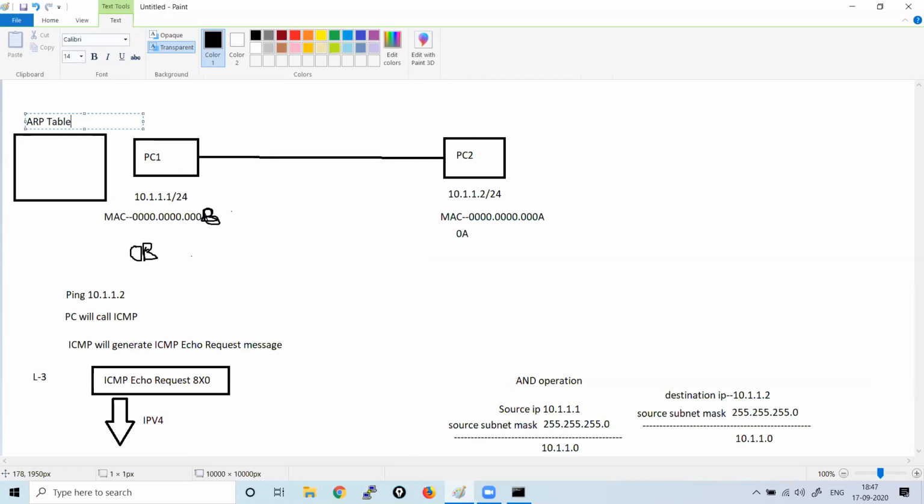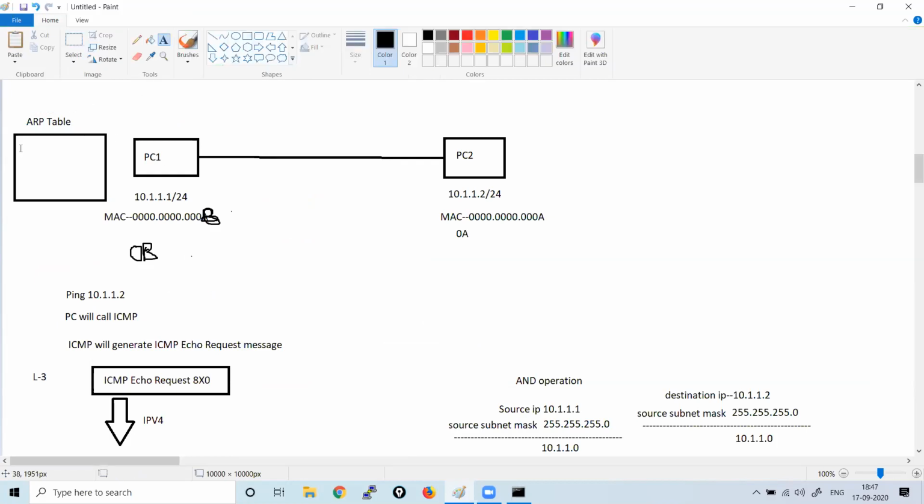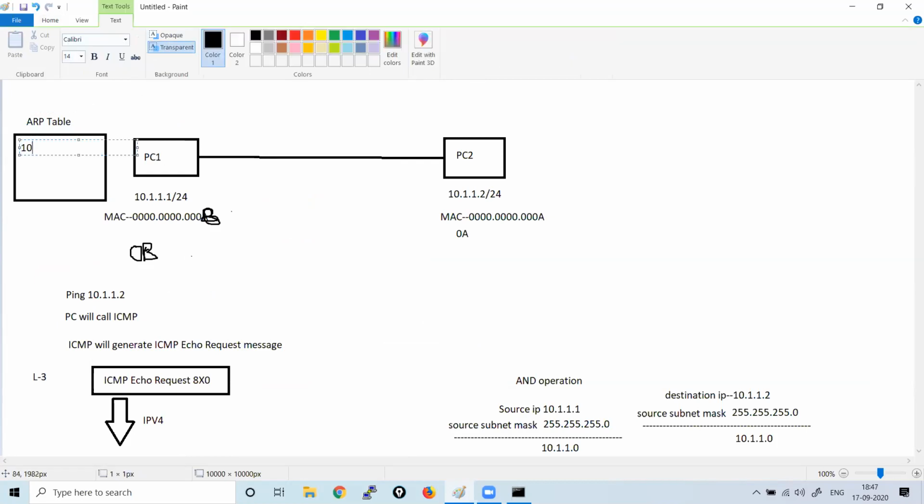Am I clear? Let's say initially it will have its own information, 10.1.1.1, and the MAC address is 0B.